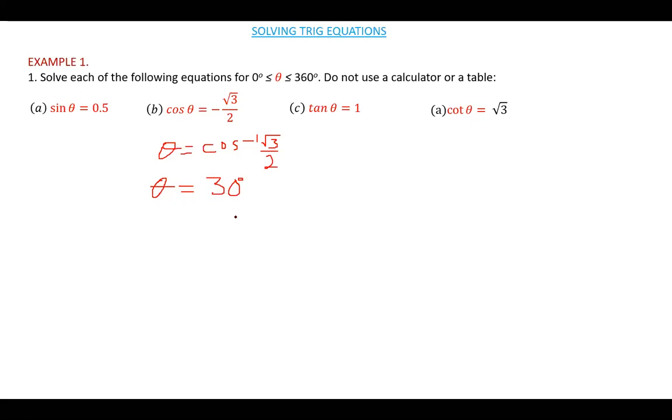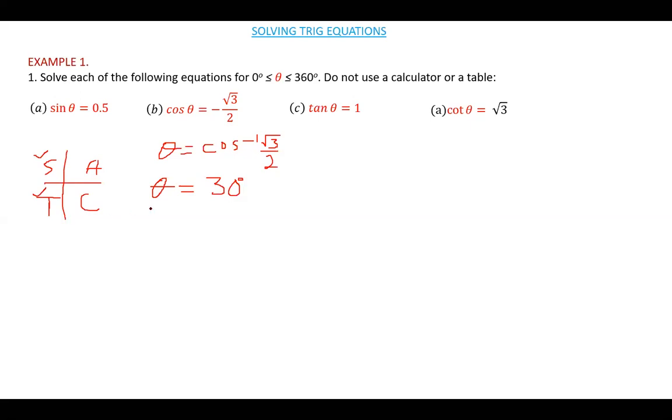So once you get this 30 degrees, you now have to check the sign of what you are given on this side. The sign that we are given here was a negative. And then we know that when you draw the quadrant plane, here we have A, all soldiers take cover. So we know that cos is only negative in the second and in the third quadrant.